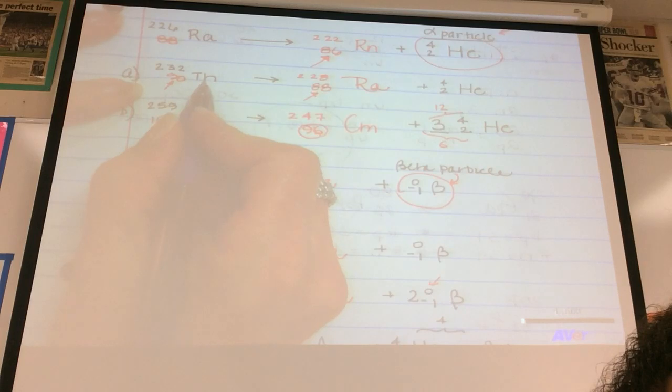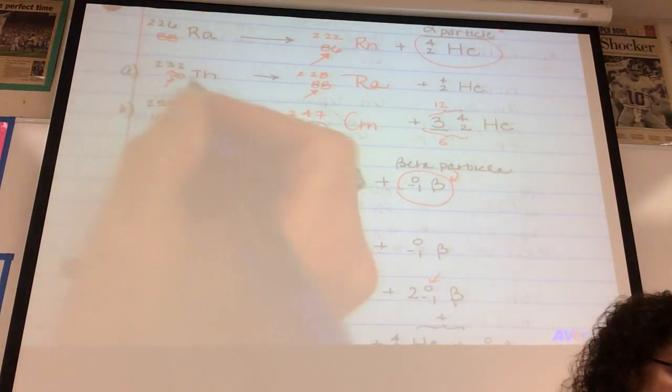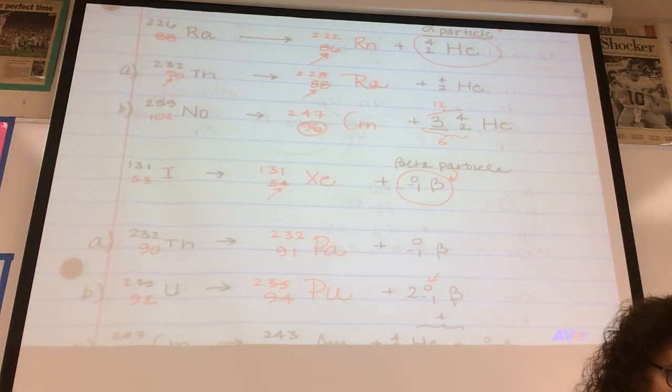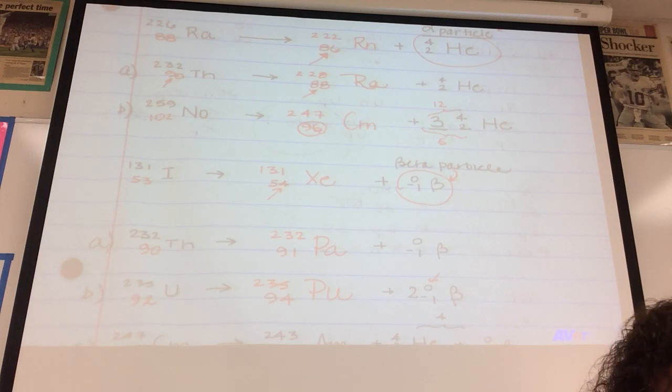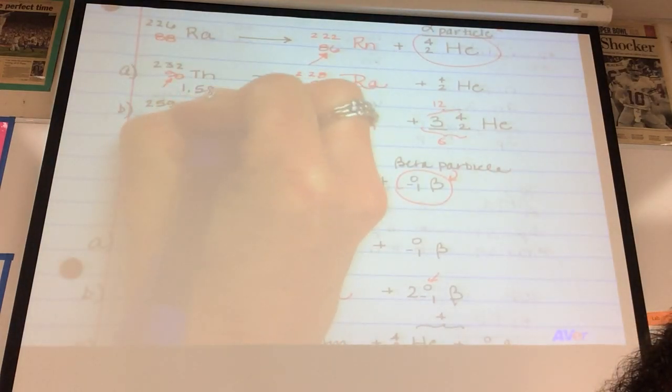So thorium's neutron to proton ratio, how would we get thorium's neutron to proton ratio? 90 protons, how many neutrons? How would we figure that out? 142, and we would divide that by 90, and we have 1.58 to 1.